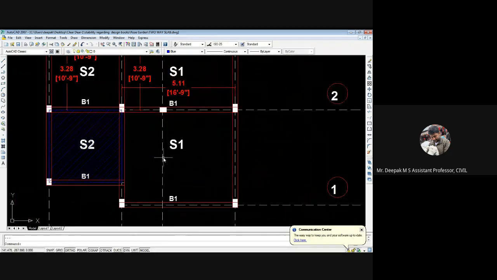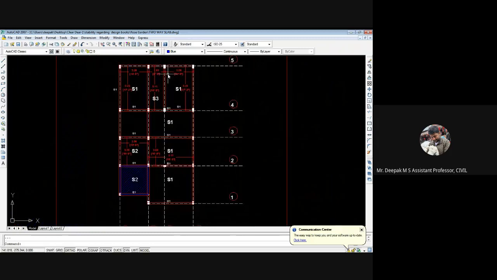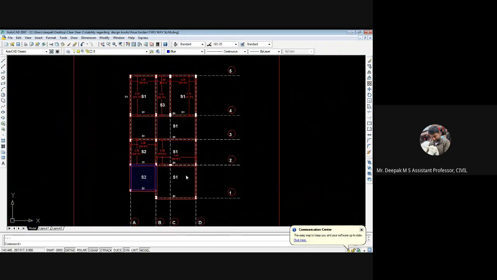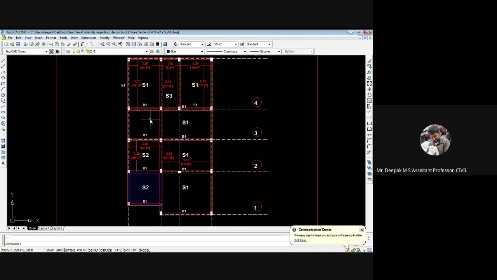Imagine here S1 is also a two-way slab, right? You can see slabs with different sizes, all are two-way slabs with different spans. So for all the spans, we can use the same Excel sheet to find the steel required and find the reinforcement arrangement. So once we develop a single Excel sheet, we can make use of it for design of a two-way slab.